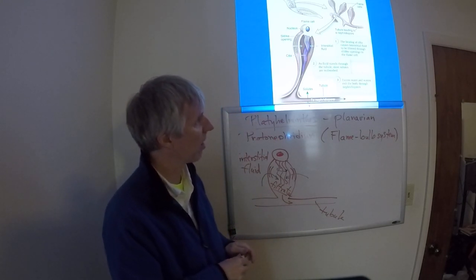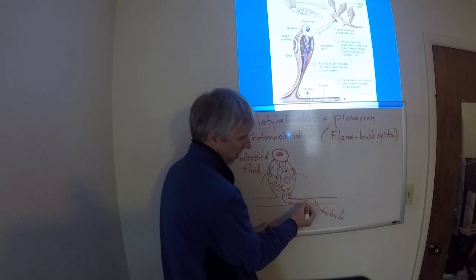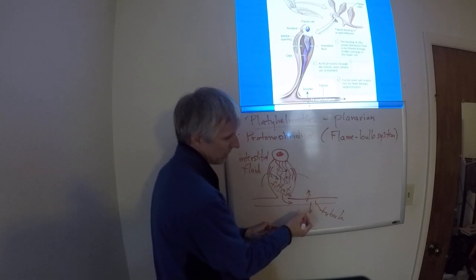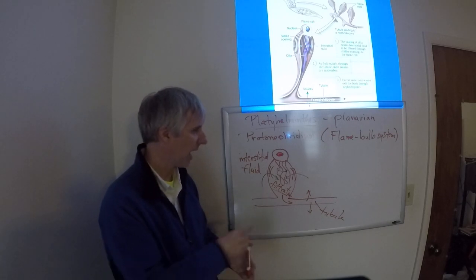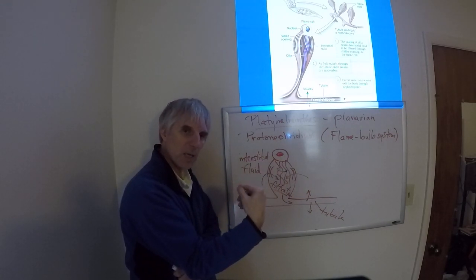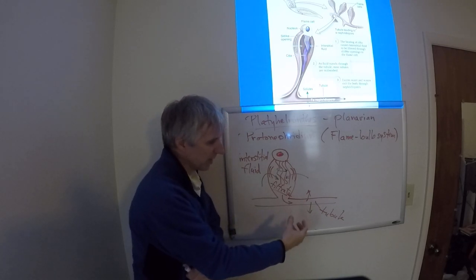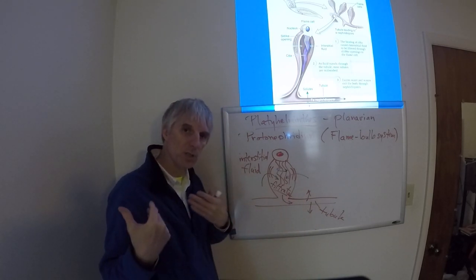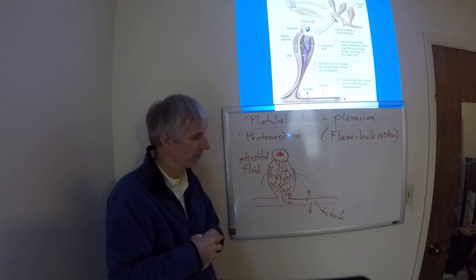Now, as it moves along the tubule, we're going to do some reabsorption. Anything that got through the filter that's small, but we want to keep it, we're going to use this epithelial layer to pull stuff back into the interstitial fluid.